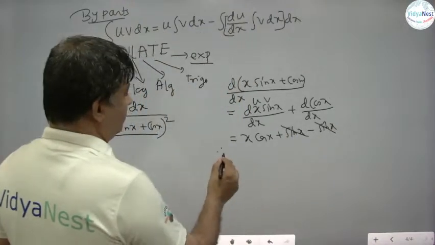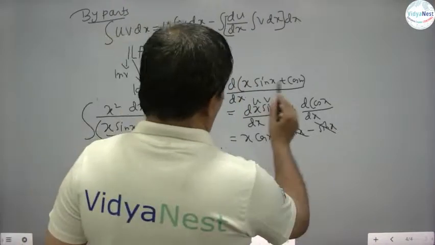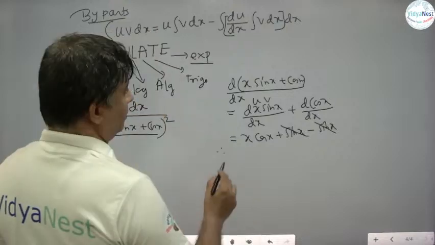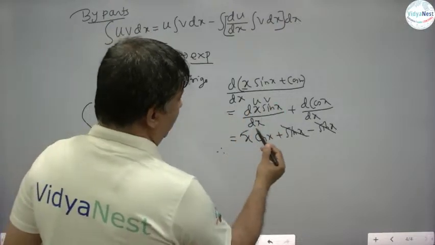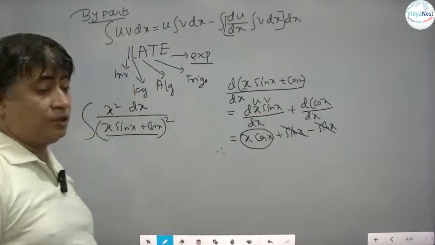Therefore, you see, the differentiation of this will be x cos x. So that is the clue.